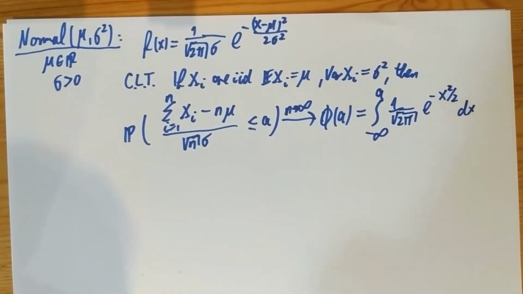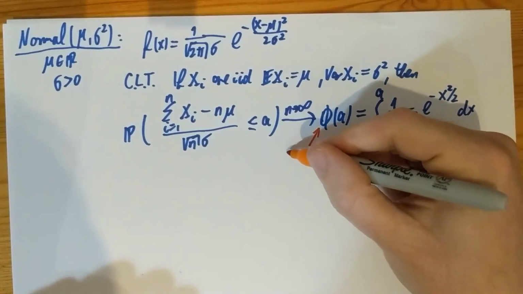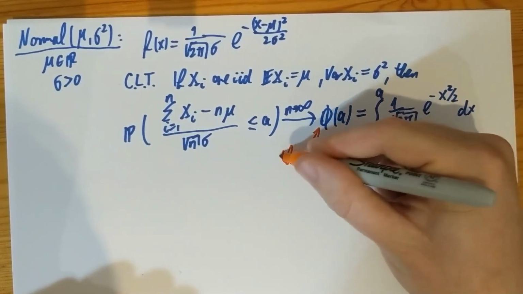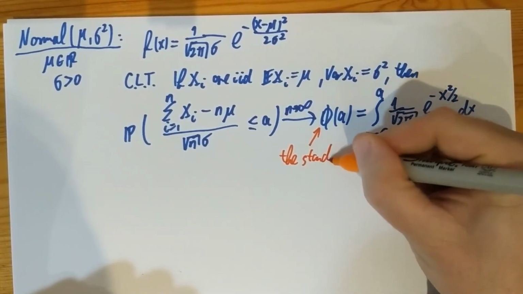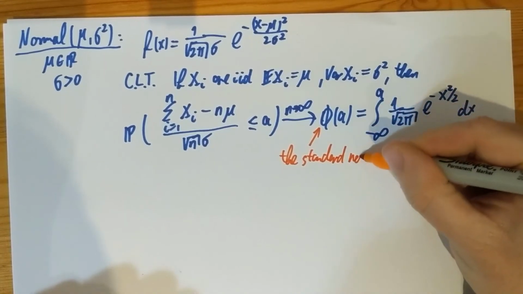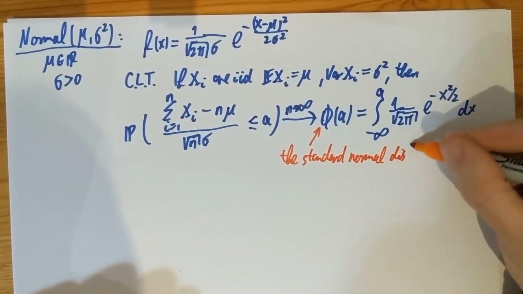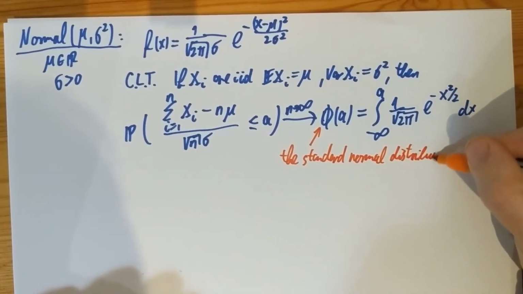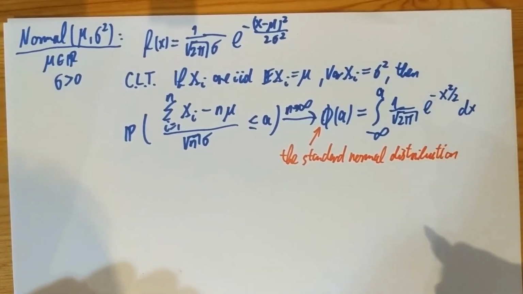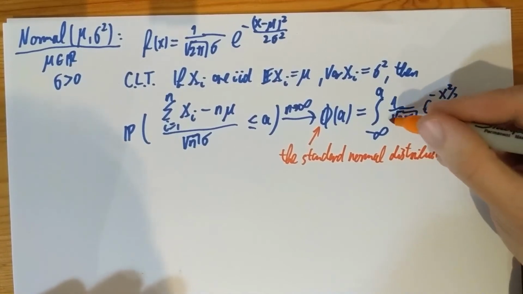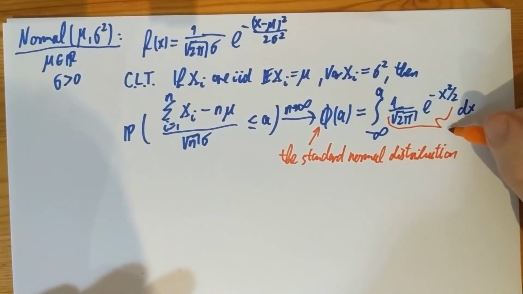Okay, and a couple of more remarks here. What you see on the right hand side is phi, the standard normal distribution function. And that's the definition of it, where inside here you see the standard normal density.